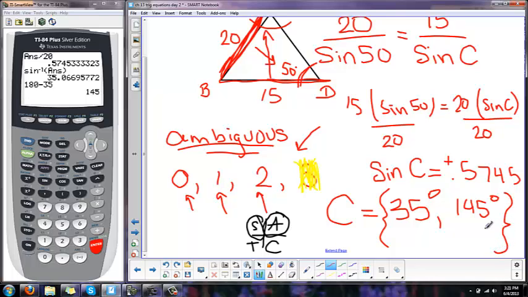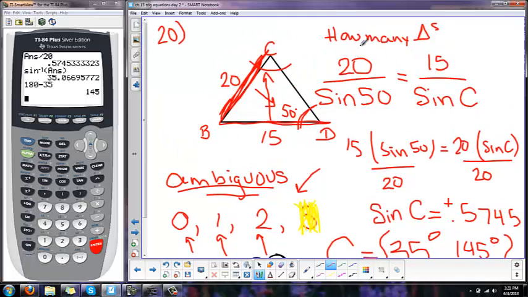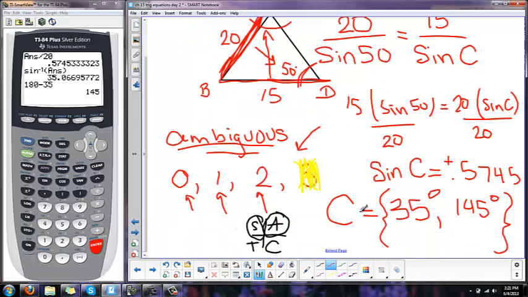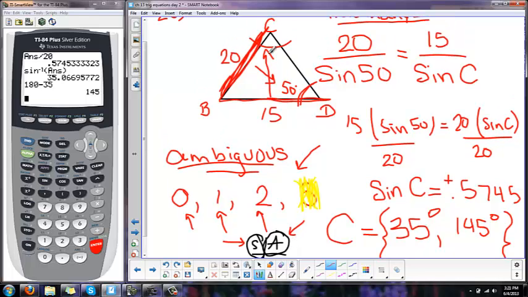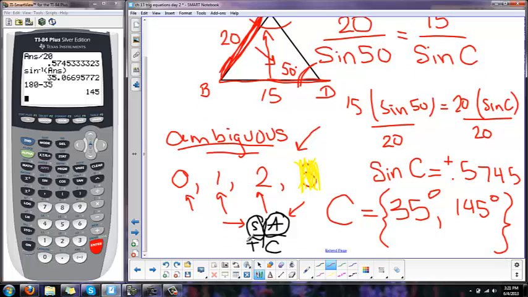So the reason why, whenever you see the words how many, you use the law of sines is because when you get down here and you say sine is a positive value, then sine is in 2 different quadrants. And that makes sense, because if we're talking about angle C as the angle of a triangle, it wouldn't make sense for you to have an angle of a triangle that's down here in the 3rd quadrant, because that's bigger than 180 degrees.